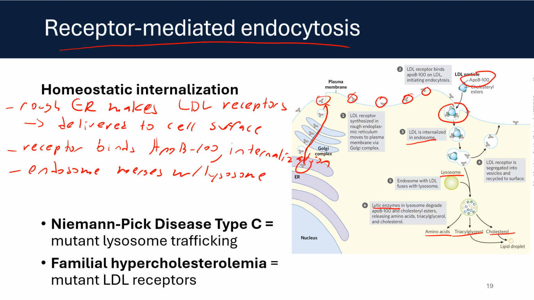Now, there are two possible ways for this endocytosis process to break down. In Niemann-Pick disease type C, the proteins that are responsible for lysosome trafficking stop working. This causes the cells to take in fats normally, but these fats are going to remain trapped inside of these endosomes. This means the cholesterol esters can't get liberated and used as regular cholesterol.